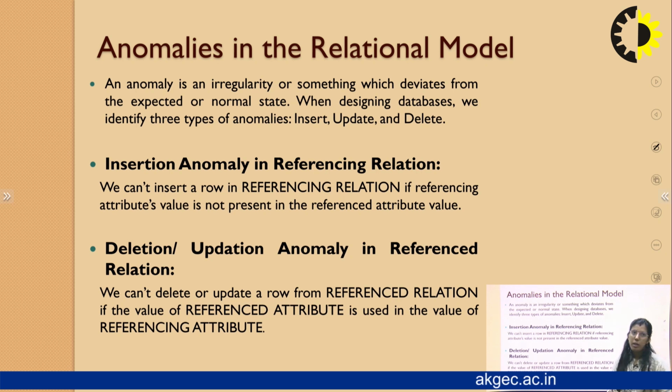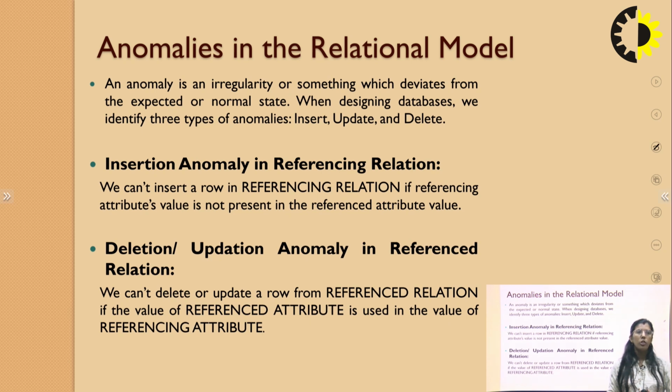Next are anomalies in the relational data model. Anomalies are irregularities, or something which deviates from the expected or normal state. The first one is the insertion anomaly. We can't insert a row in the referencing relation if the referencing attribute value is not present in the referenced attribute. What does it mean?